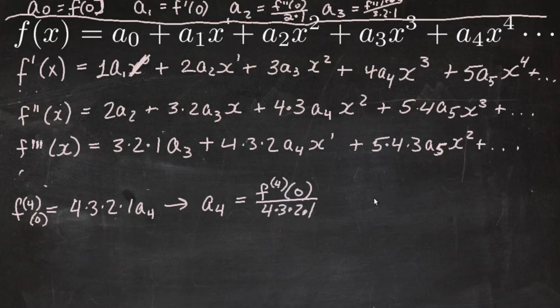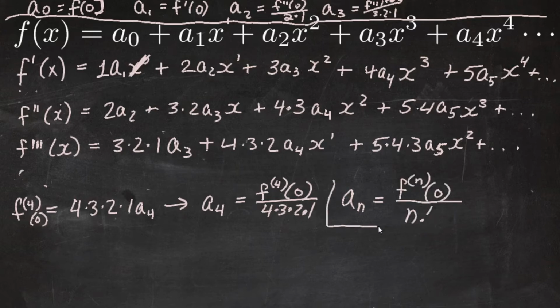Now that looks clear enough to me to see that a sub n, the nth coefficient in this polynomial, is just going to be f, the nth derivative, evaluated at 0 divided by n factorial. So that is a pretty great trick.